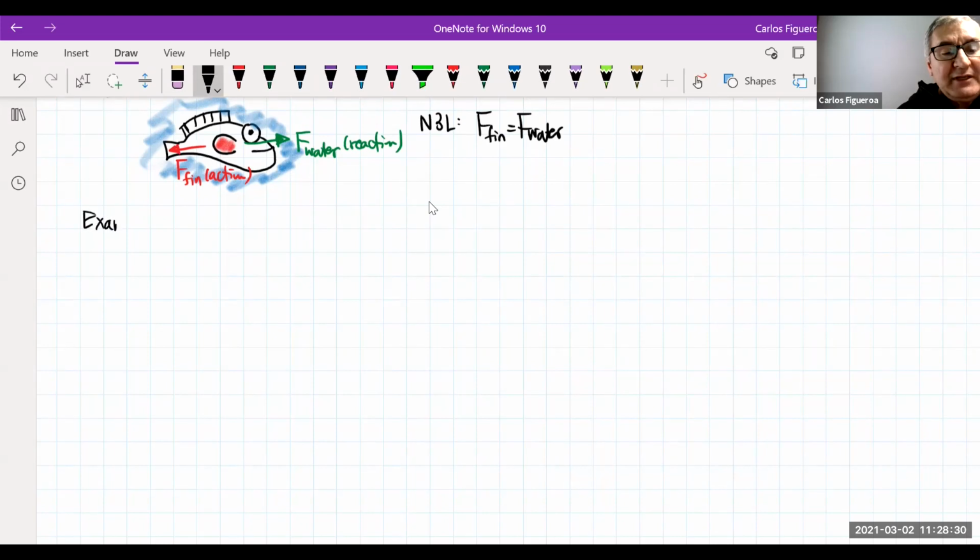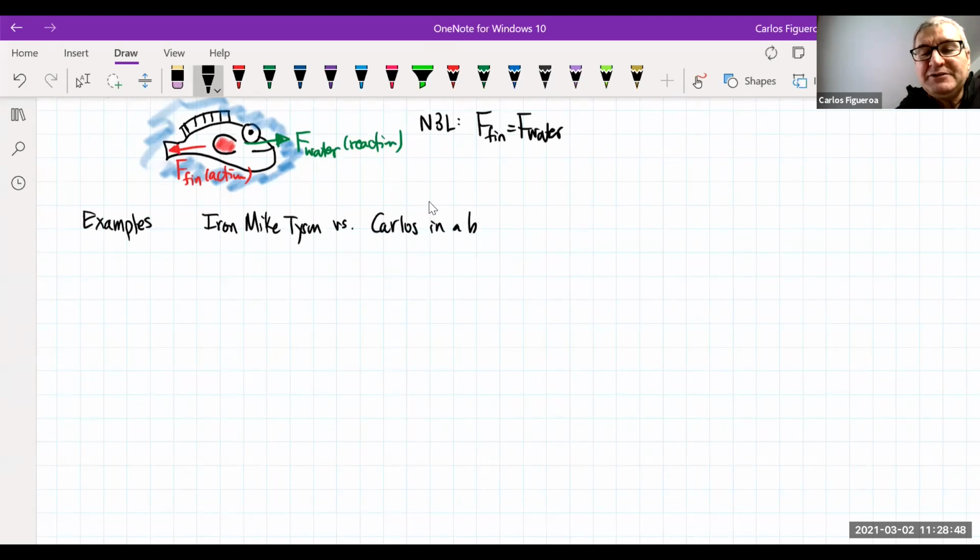Two of my favorite examples with Newton's third law are as follows. Suppose you take Iron Mike Tyson versus this Carlos in a boxing ring.